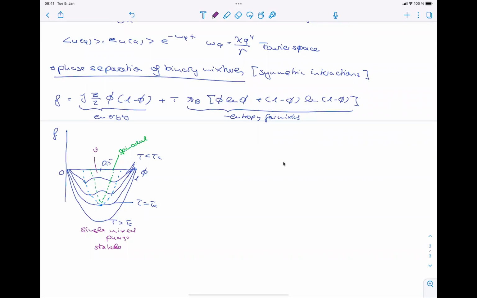In here, we are unstable towards demixing, and here it's metastable. That means that I need some kind of starting point to drive the system towards demixing.